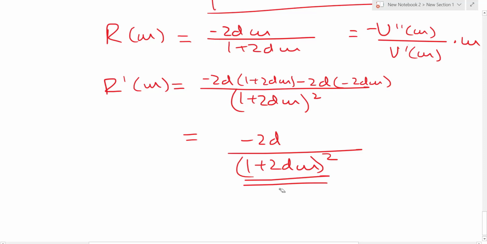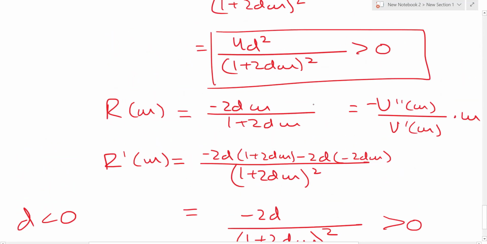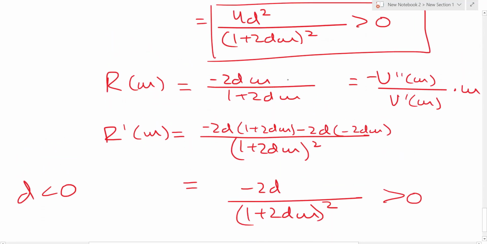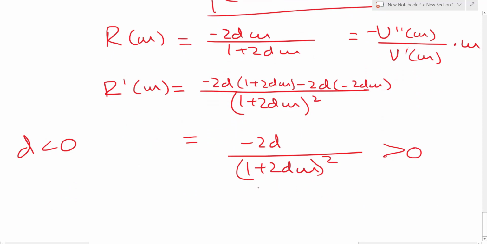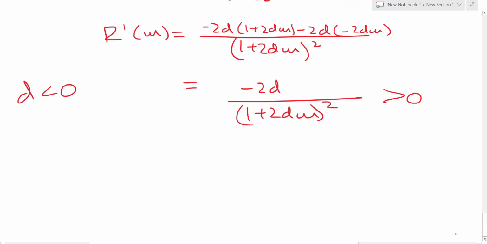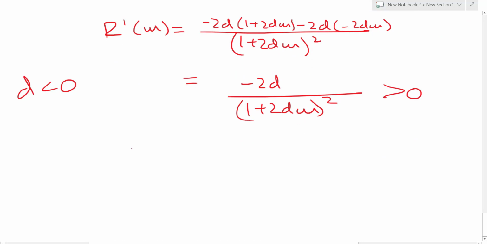So this term in the denominator will be positive. If you see the numerator, d, we remember, because this person was risk averse, d is less than 0, so this whole term will be positive. This is positive, this is also positive, this is also positive. So what does this mean? This means that we have increasing absolute and relative risk aversion.